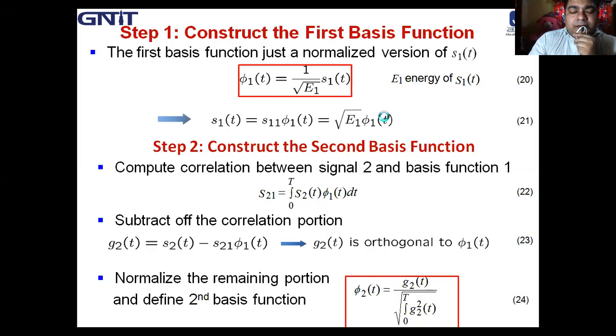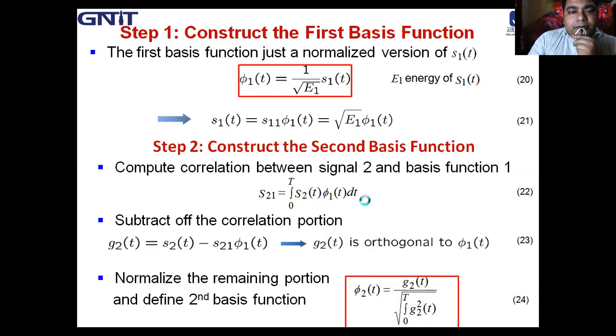First of all, to determine the second basis function, we have to find s_21. s_21 means the projection of signal s_2(t) on phi_1(t). How is it evaluated? It can be evaluated using s_21 equal to the integral from 0 to T of s_2(t) phi_1(t) dt.